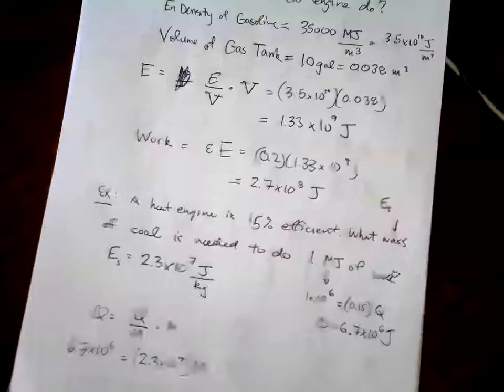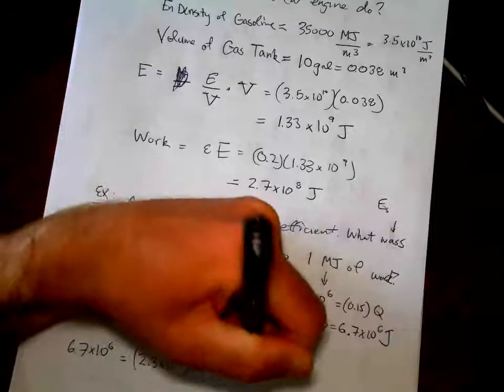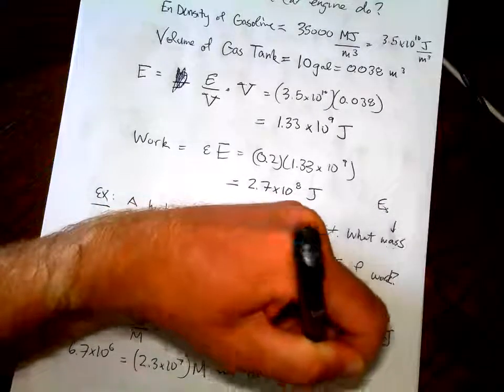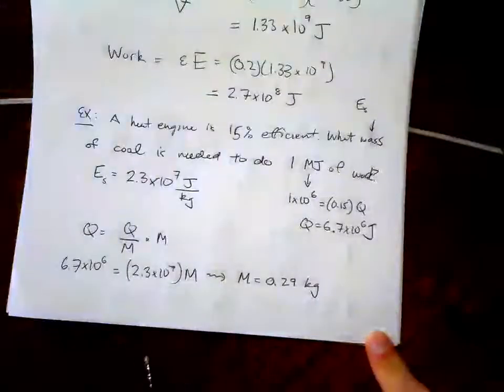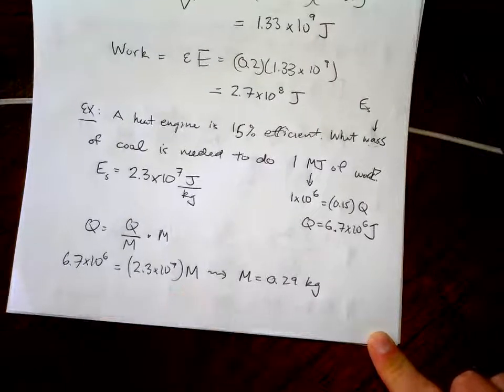And I can solve for the mass, and I get M equals 0.29 kilograms, which you could then convert, if you wanted to, into the cost of that fuel. That's the other cool thing about this. You could convert it to cost.